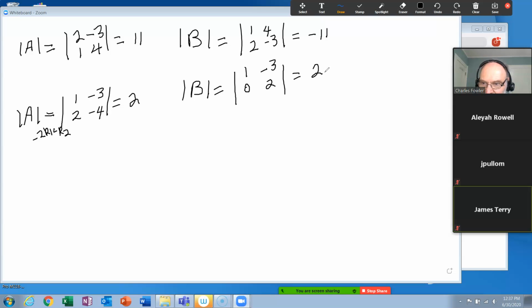Okay, let's do another matrix A. This matrix A is 2, negative 8, negative 2, 9.